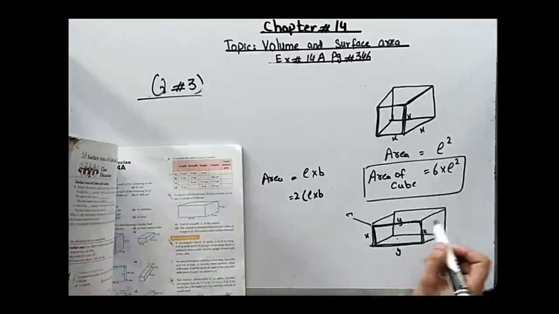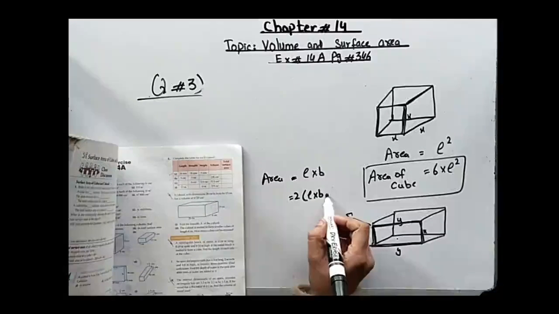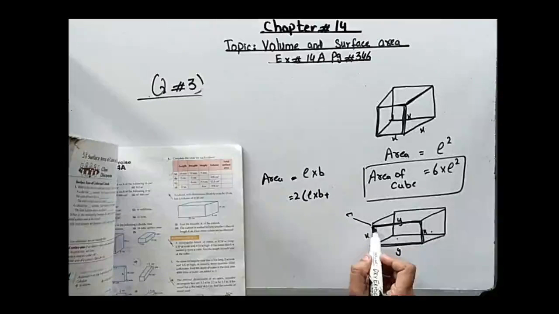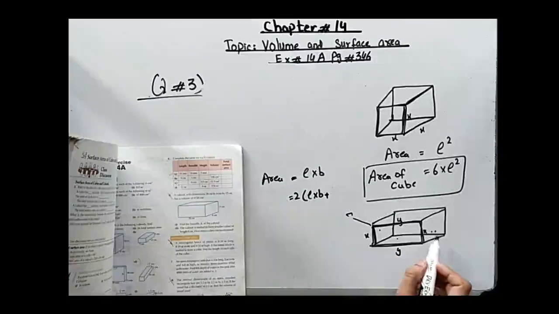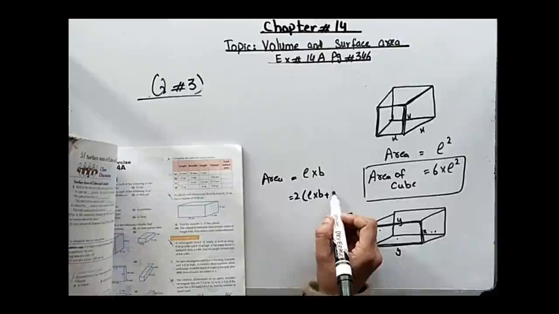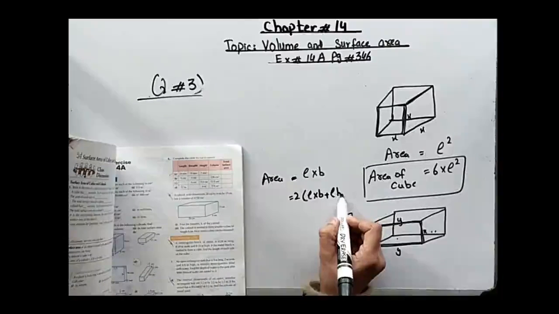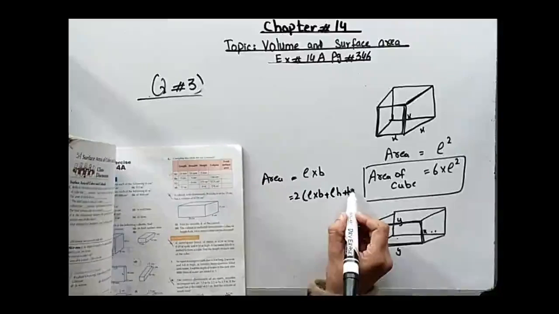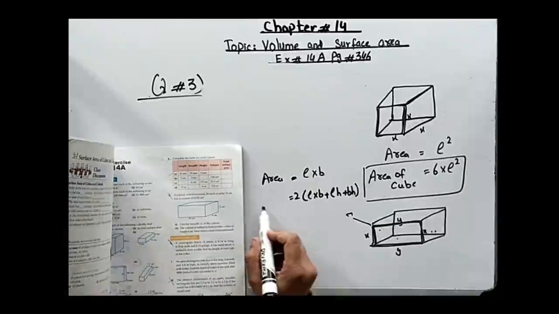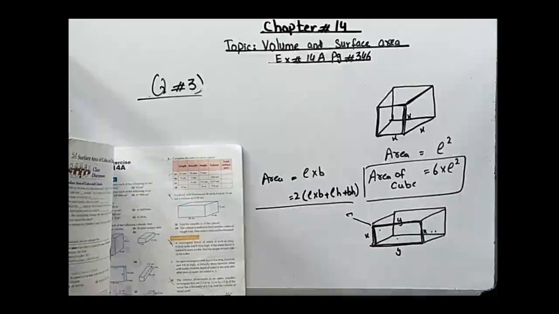It means 2 sides are the same. Then these are the 2 sides, this one and this one, length multiply height, plus breadth multiply height. So this is the specific formula for the area of a cuboid.